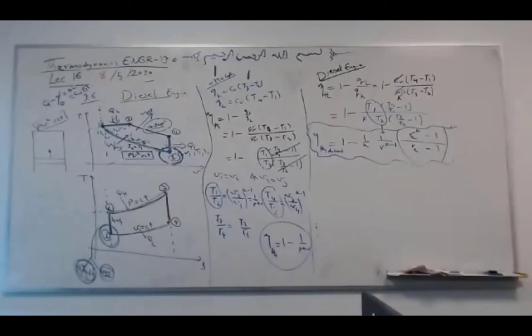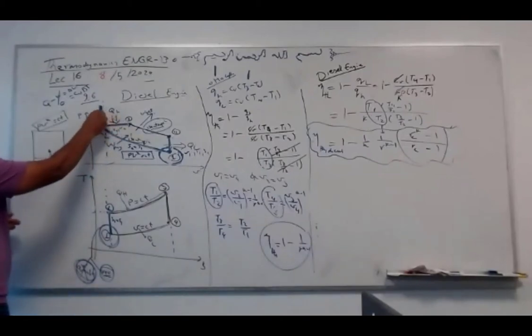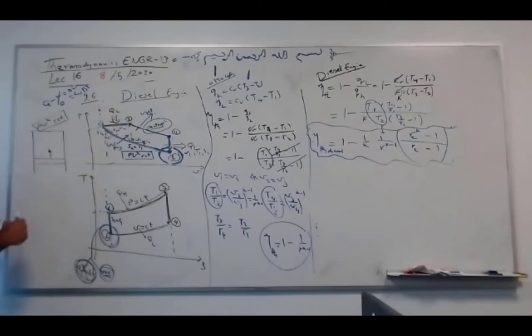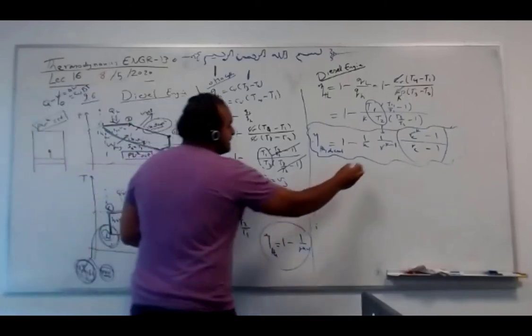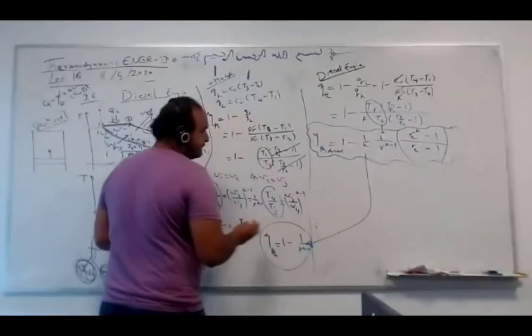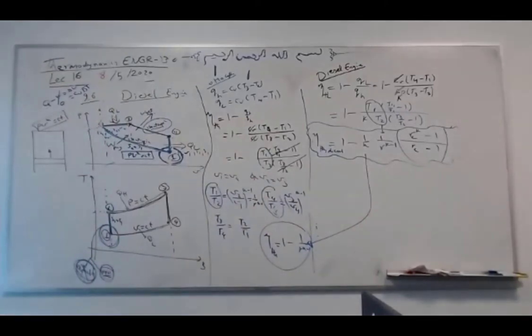So what is going on here, guys? If rc, as I told you before, equals 1, it means constant volume. This one becomes vertical like this, constant volume. So this one is supposed to go to that one, correct? Yeah. So can you tell me how I can do that?